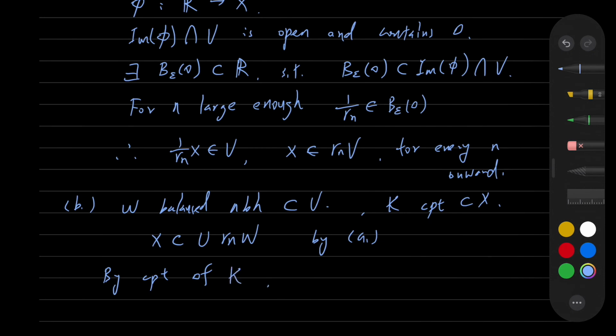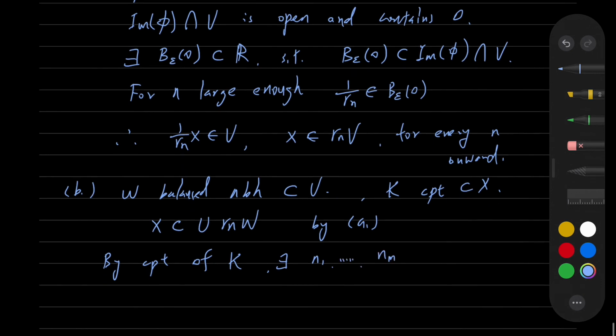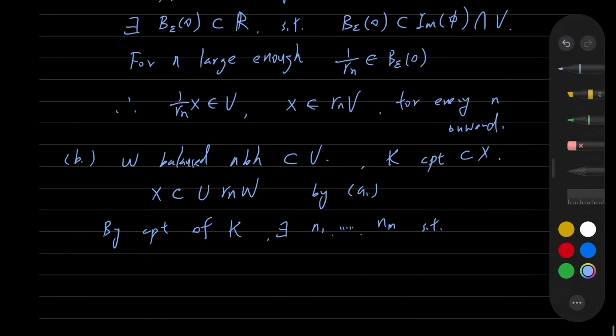By compactness of K, there exist n_1 up to n_m such that K is contained in r_{n_1} W union up to r_{n_m} W. Because W is balanced, these are all inside the largest one.